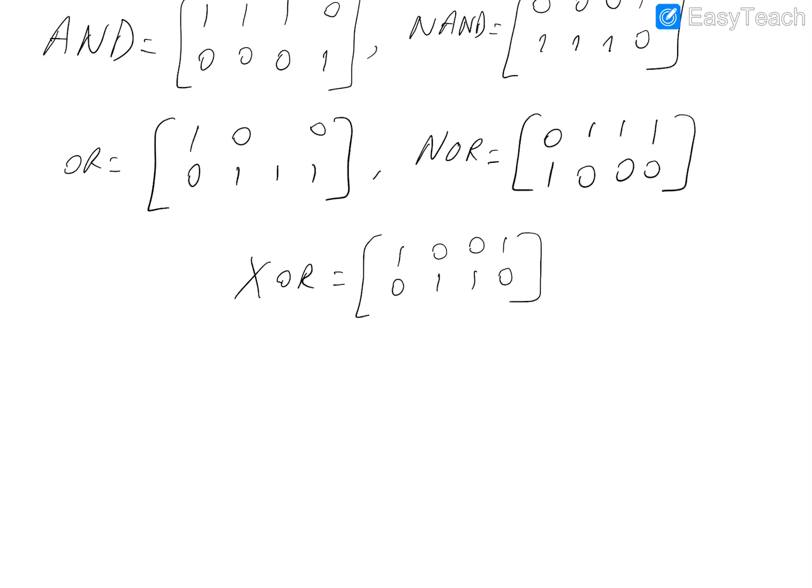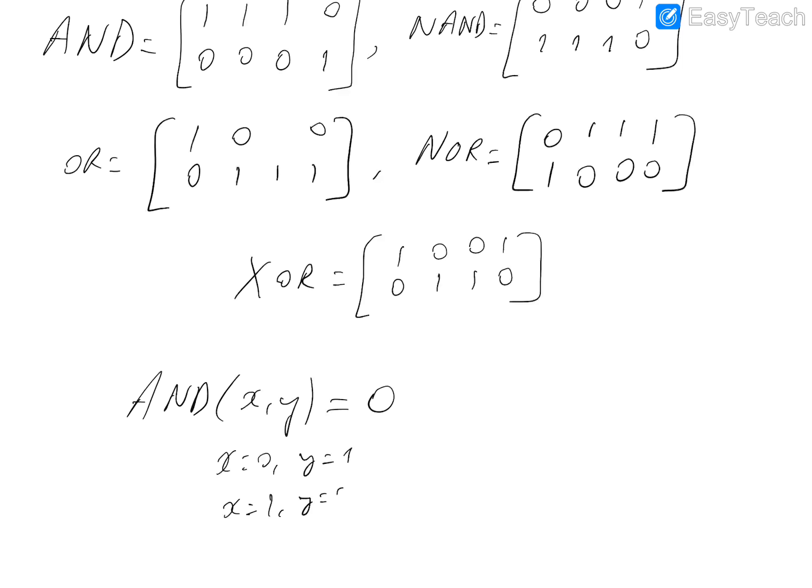Given the output, if AND of x, y equals 0, then from this output we cannot uniquely recover what x and y are. x could be 0 and y could be 1, or x could be 1 and y could be 0, or both of them could be 0. We might not know which one the original input is. So we lose information here.